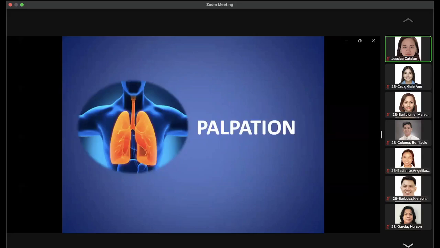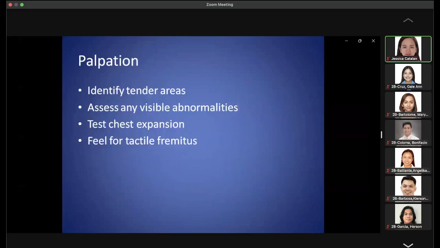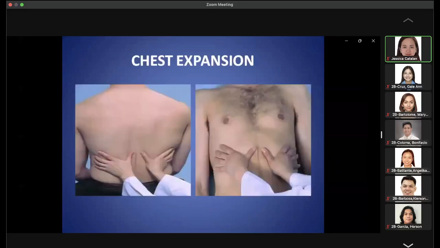Next examination technique is palpation. So it identifies tender areas. So assess any visible abnormalities. Okay. Test chest expansion or confirm chest expansion and feel for tactile fremitus. Okay, so here's how we conduct chest expansion in a patient.